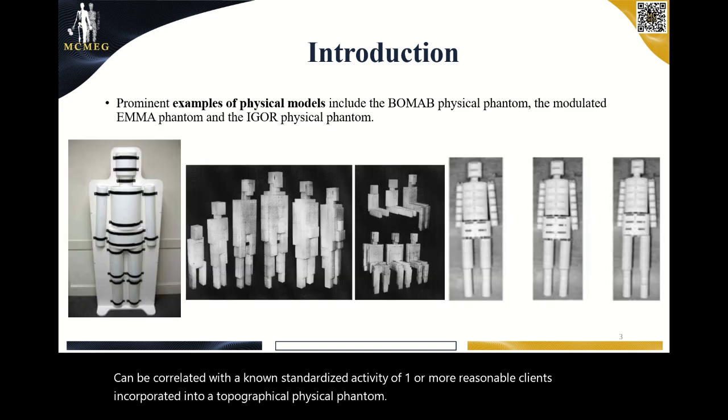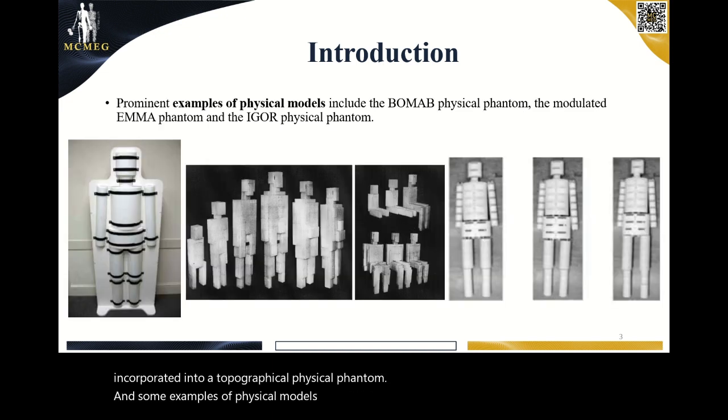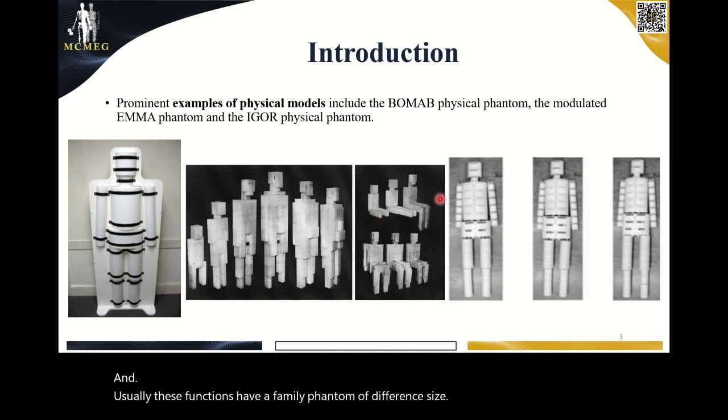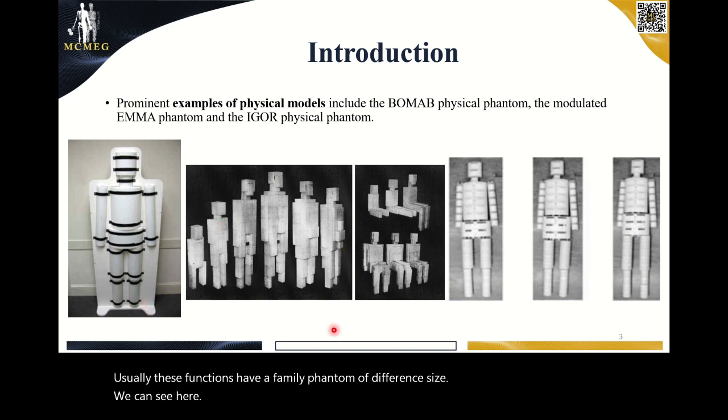Some examples of physical models include the bottle mannequin absorption, the BOMAB phantom, the modulated IGOR phantom, and the Ego physical phantom. And usually these phantoms have a family of different sizes, like we can see here in Ego phantoms.